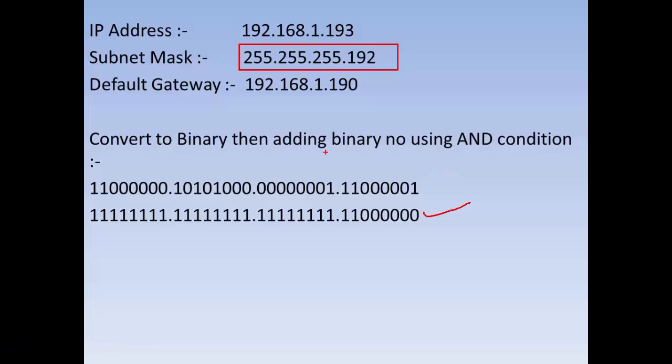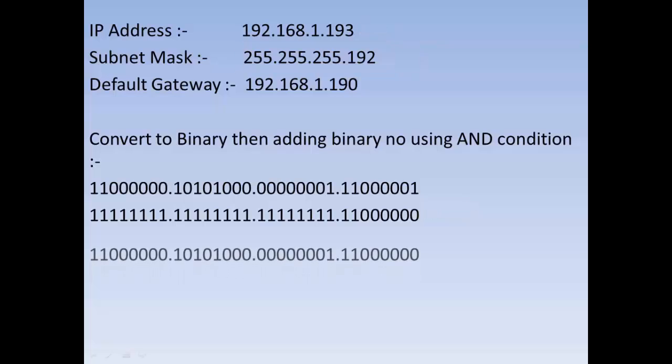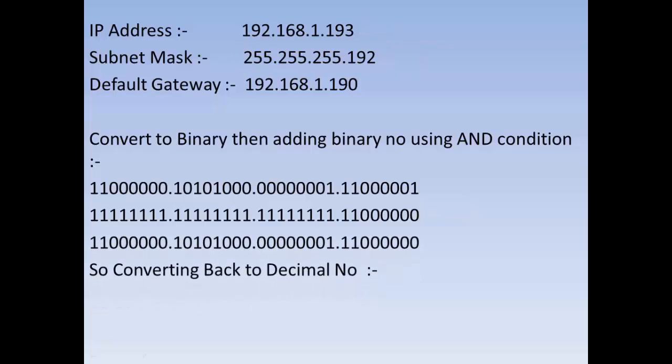And after that, to find out the exact network ID of this IP in combination with this subnet mask, what do we have to do? We have to do binary addition using the AND condition.